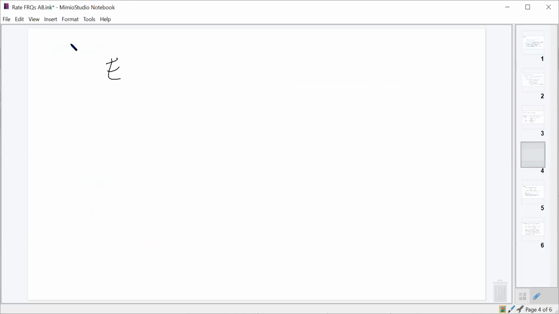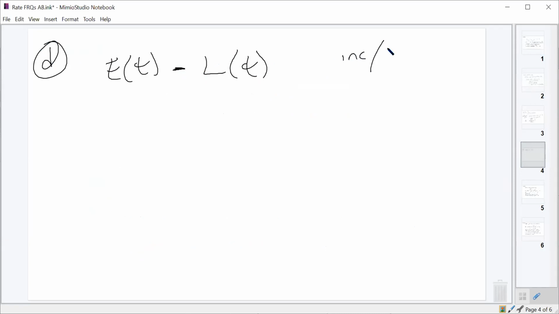So for part D, we're looking at E of t minus L of t. And we want to know, is this increasing or is this decreasing? Well, how do you tell if some function, little f of t, E of t minus L of t, is increasing or decreasing? You look at its derivative. Is f prime greater than 0 or is f prime less than 0?